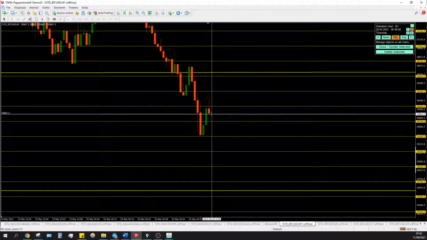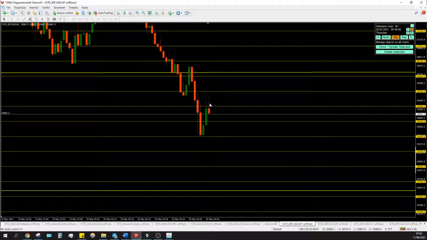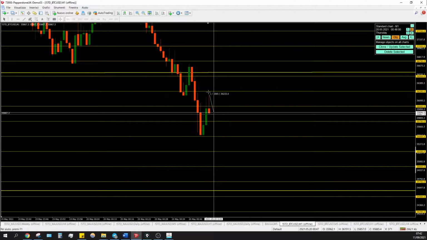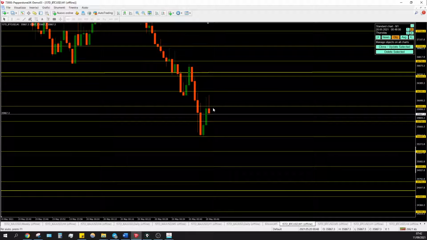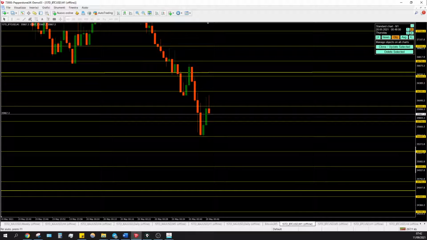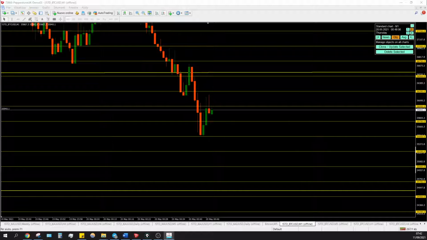Okay, the stop loss will be really wide, because now it's impossible to enter here unless I see a wick being created, and then I take like a 20 pips stop loss to at least revisit these previous lows. Let's see if it makes a top wick and fails to break.